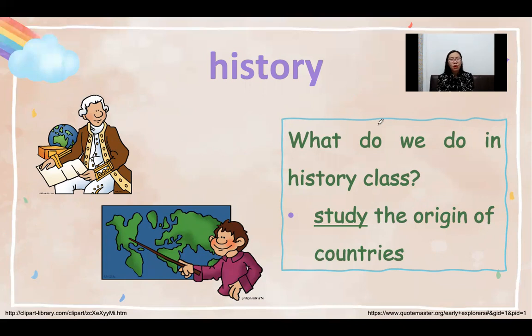All right, so what do we do in history class? We study the origin of countries, places, or things. Okay, but in here I wrote study the origin of countries. Origin, what is origin?